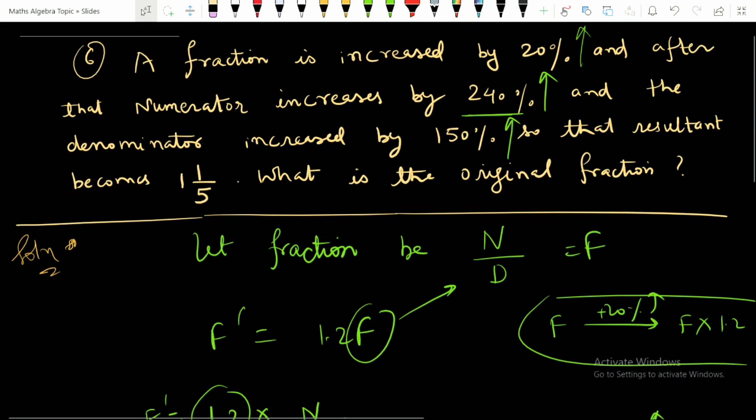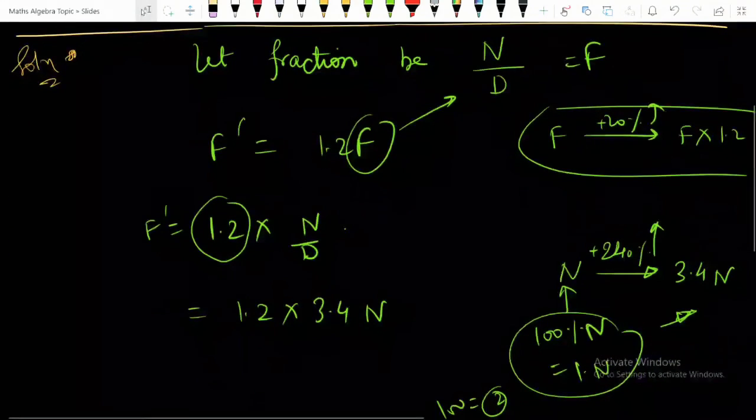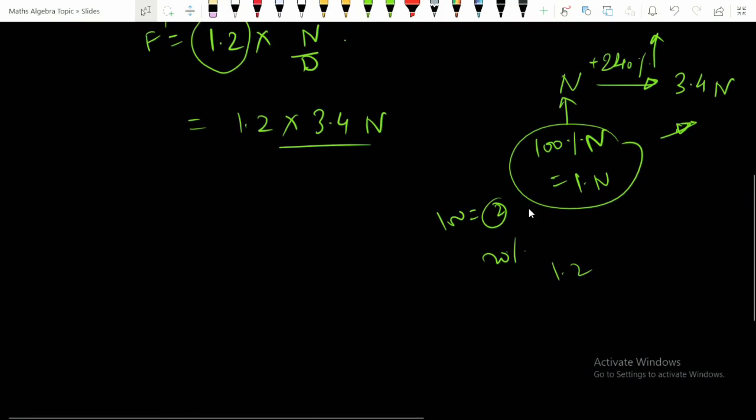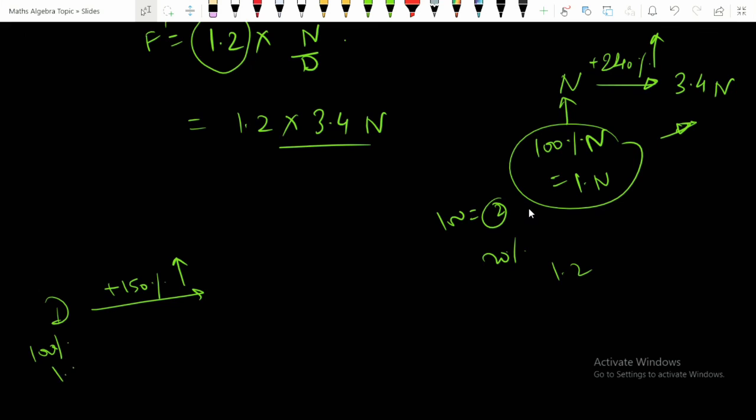And the denominator increased by 150 percentage. The denominator was d, which is 100 percentage, that is 1 into d.